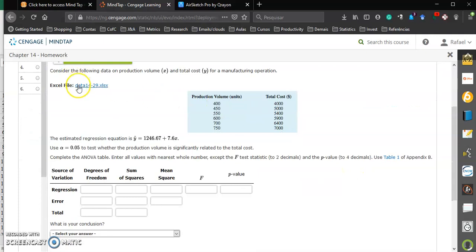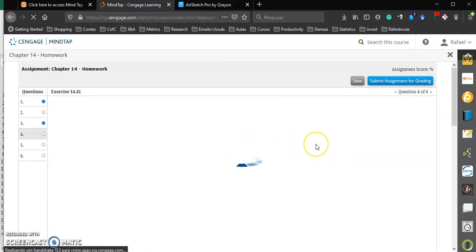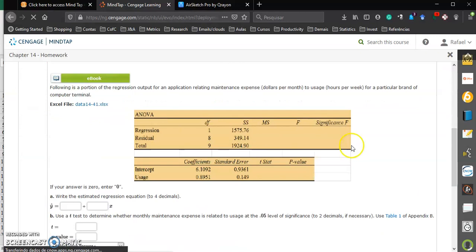Okay, so you have an Excel file. You have production volume and total cost. You download the file, you run the analysis, and you get the answers from the Anova table. You fill all of them here, and you find your conclusion. Okay. So this is how you get the answers for the Anova table.